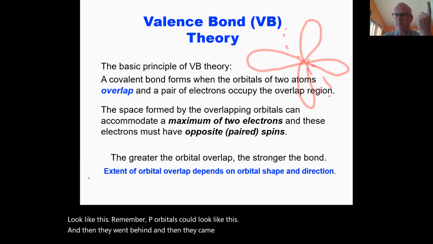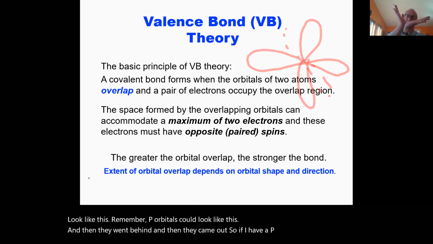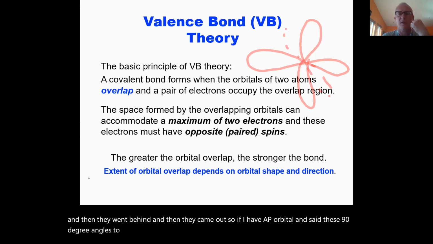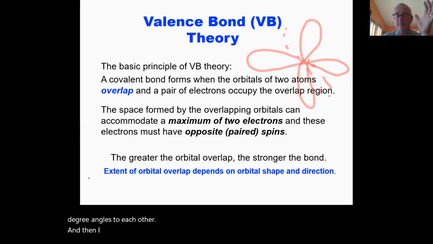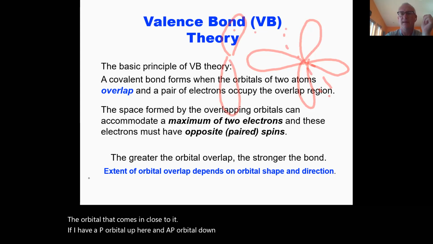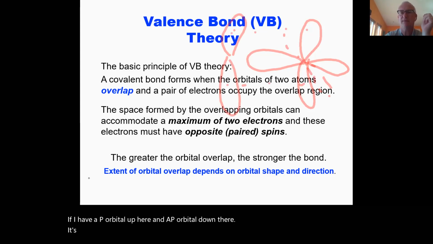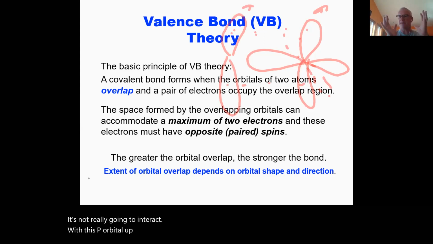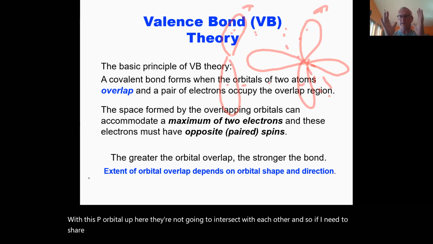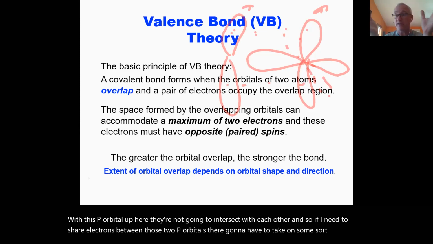So if I have a p orbital that's at these 90-degree angles to each other, and then I have another p orbital that comes close to it. If I have a p orbital up here and a p orbital down there, it's not really going to interact with this p orbital up here. They're not going to intersect with each other. And so if I need to share electrons between those two p orbitals, they're going to have to take on some sort of different shape in order for that to take place.